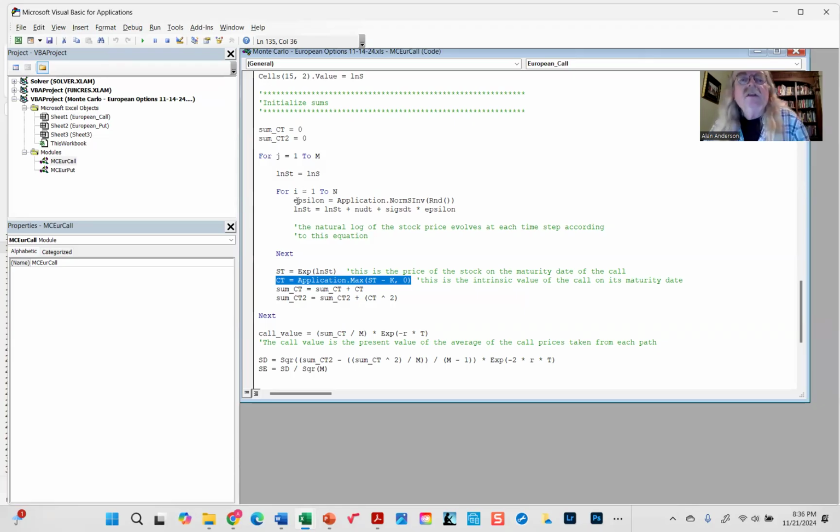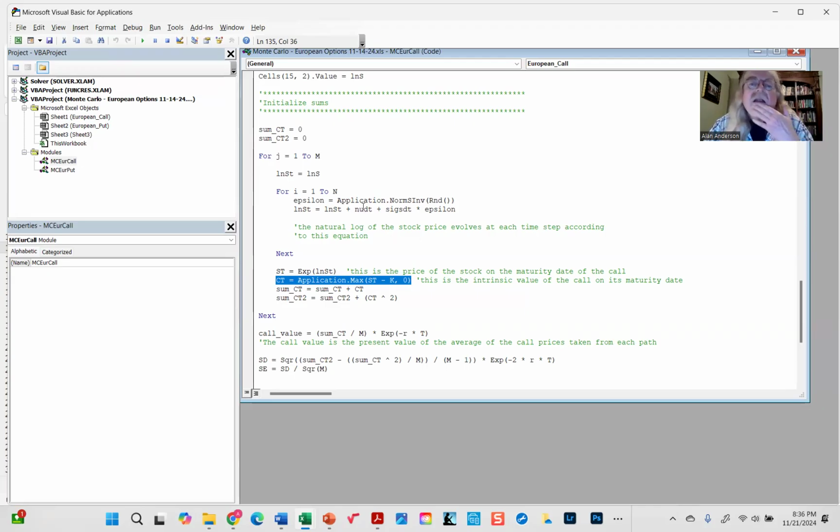While this one is in progress, you're also going to extend the second path. So you're doing two paths at the same time. And when the loop is done, when you get to the end of the path, just average them out, and that becomes one observation. We need to do this m times, and we discount the average, and we'll be done.